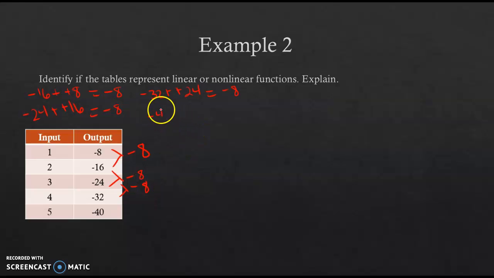And then negative 40 minus a negative 32, keep, change, change, and we end up with, again, a negative 8. And again, we should check every piece of the table because we never know where that inconsistency may happen. So you can't just do it with the first 3 and go, oh, everything's the same.